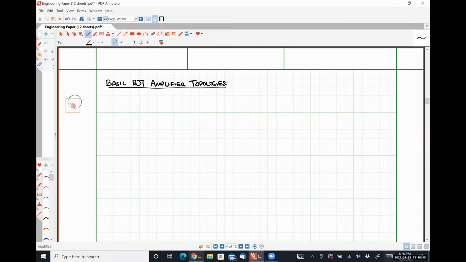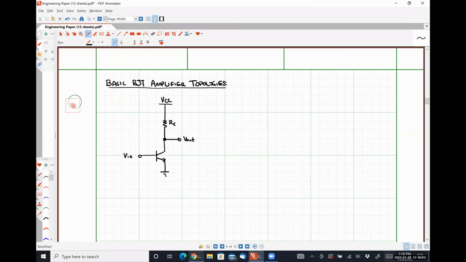Okay. So our common emitter amplifier looks like this. We have some collector resistance RC. Our output voltage V out is taken at the collector terminal. Our emitter terminal is grounded. And we apply our input voltage at the base.